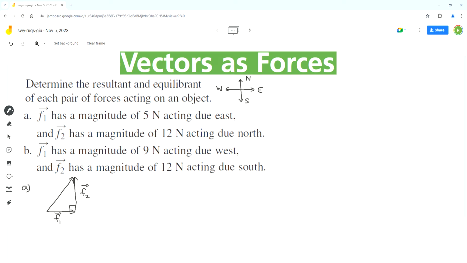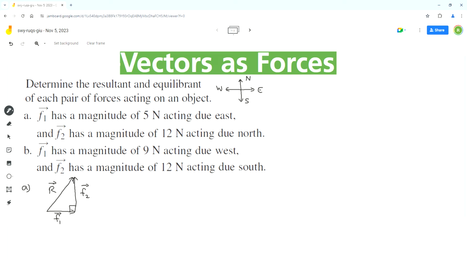The length of this third side represents the magnitude of the resultant. So we can find it by using the Pythagorean theorem.